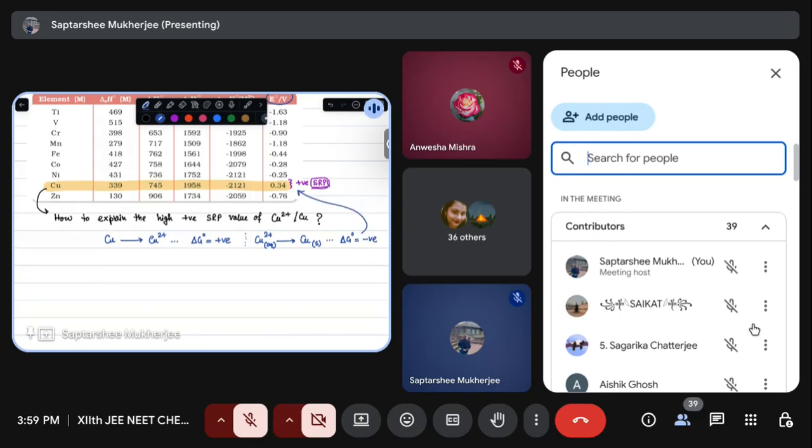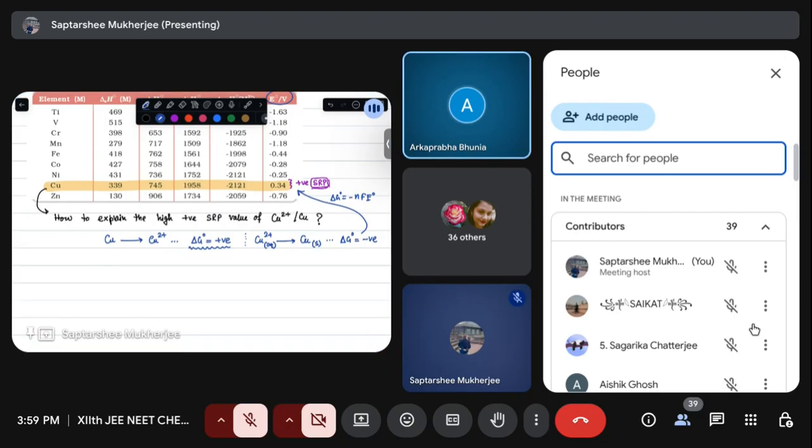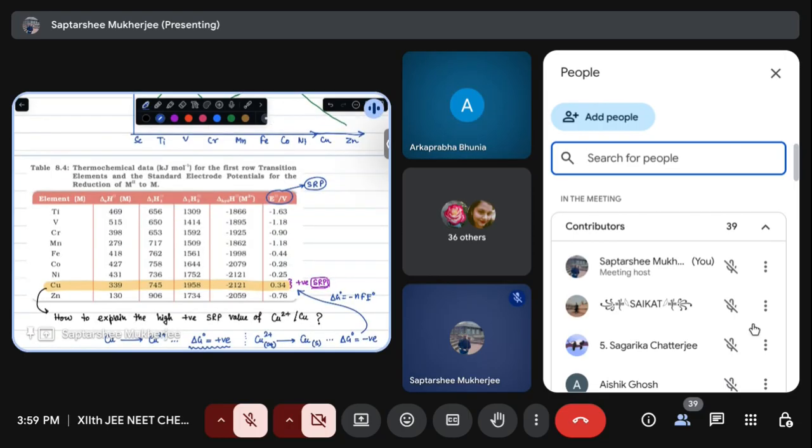We can see that from delta G naught equals minus nF E naught. If E naught is positive, delta G naught will be negative. Can you follow? Now, delta G naught positive for copper to copper plus 2, how can you explain that theoretically?